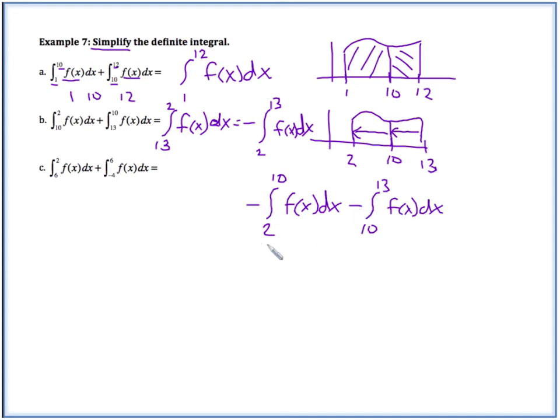Then at this point, you could have factored out the negative, so that would have been plus there.